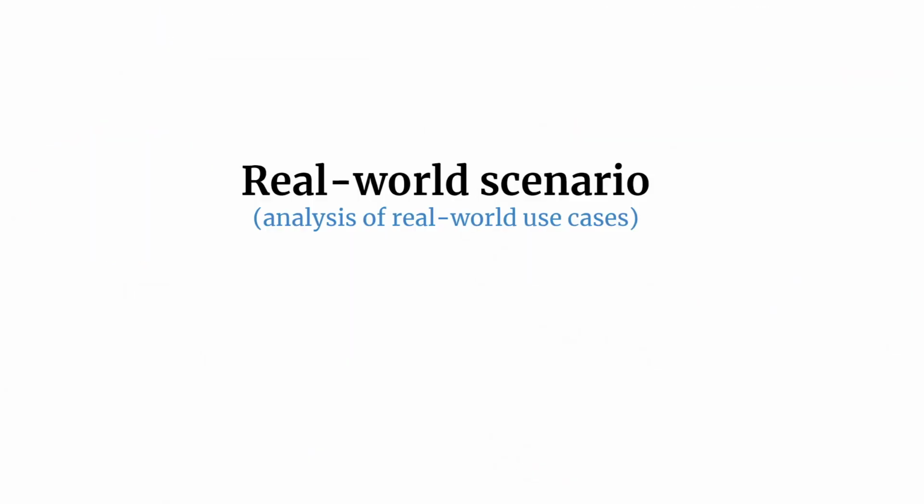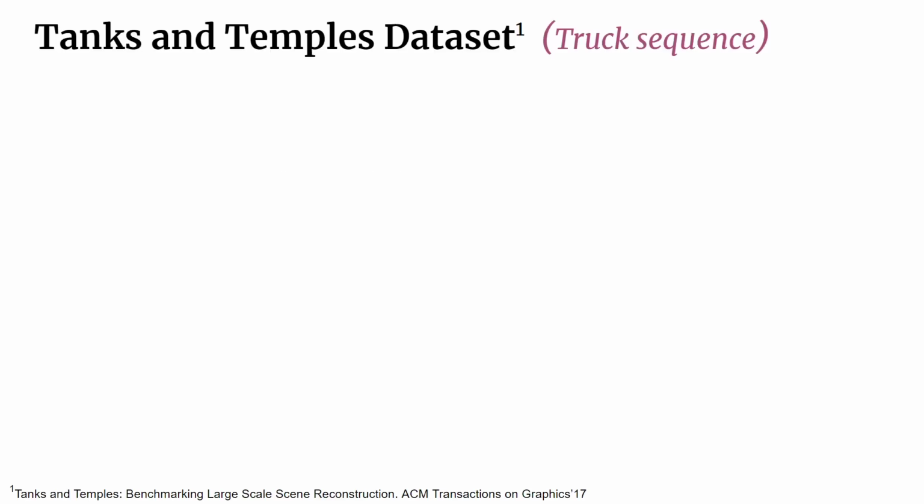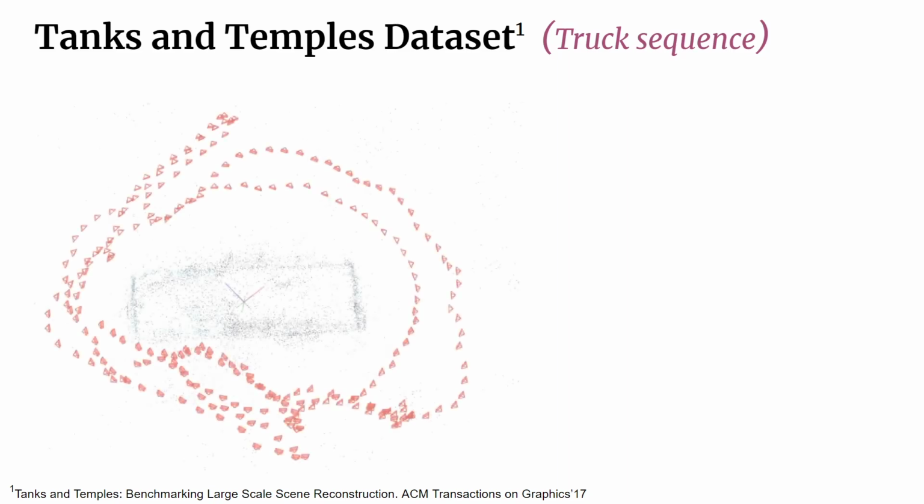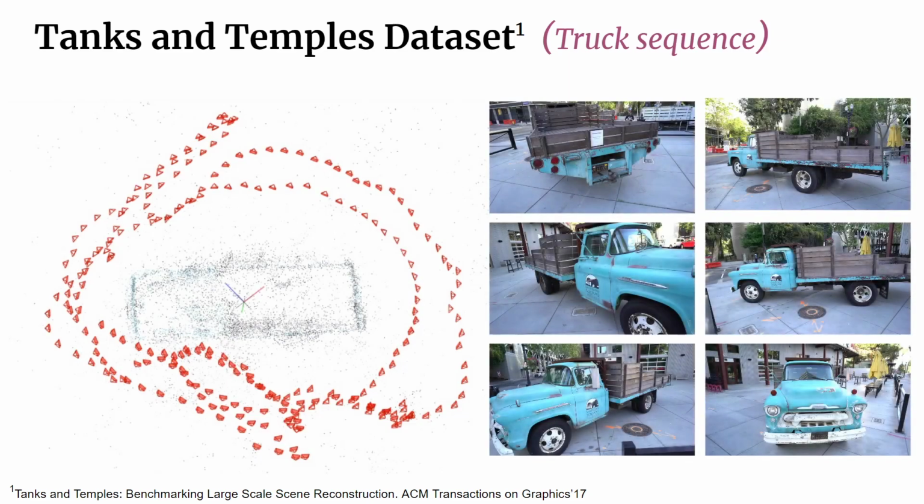Finally, we discuss the effectiveness of our approach in a real-world scenario where we use a large-scale 3D reconstruction dataset, the Tanks and Temples dataset, and we use a truck sequence of this dataset with the following pose trajectory and an example subset of images.